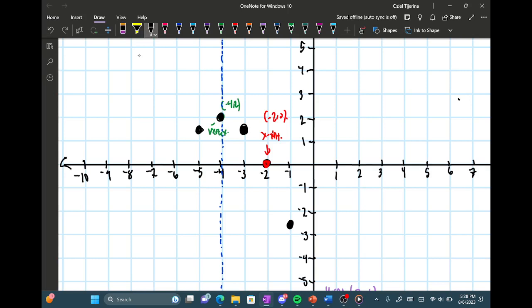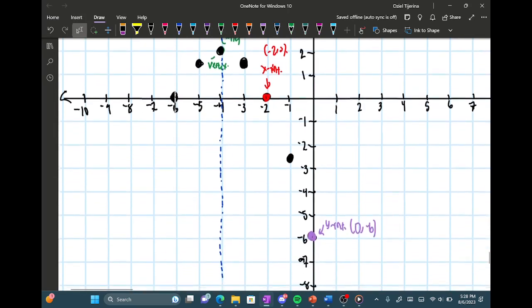So it'd be like that, and then we would go 1, 2, 1, 2. So it'd be right here. This is our other x-intercept, right? And that's how we would do that. And then we would do the same thing for this point.